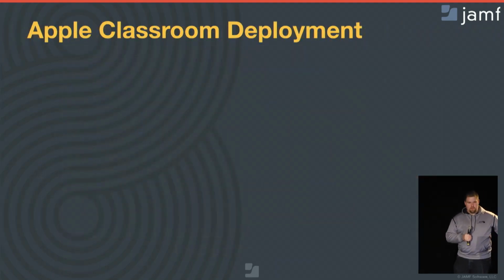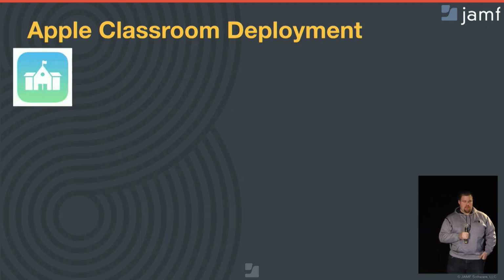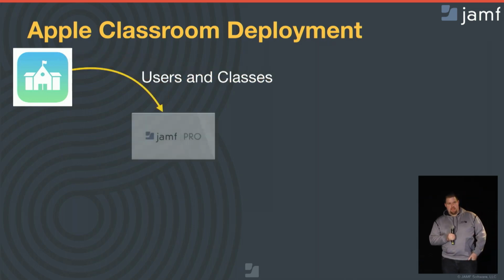So next we'll go through the best slide you guys will ever see at JNUC, with my handy dandy flow chart. If we're looking at Apple Classroom deployment and Apple School Manager, we're going to start in Apple School Manager. We'll create our users and classes there, and then we'll import those into Jamf Pro.